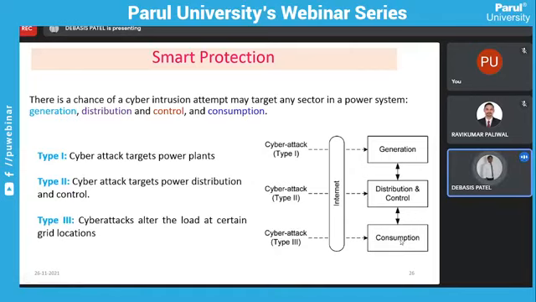In a smart meter, if through the internet you send a signal that the unit price of your electricity is less, then consumers feel it is okay, it is consuming less power, so they can use more power in this condition, but it will show them more cost. So these types of operations and protections are required in our smart grid. And these cyber attacks can happen in our IoT or in our information technology.